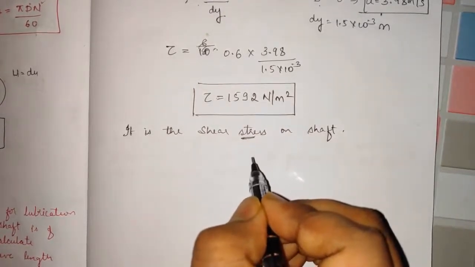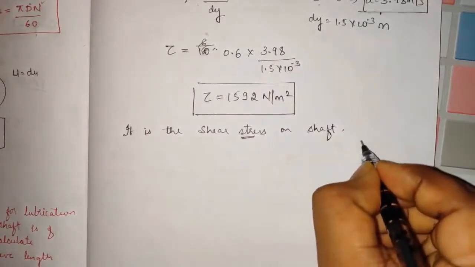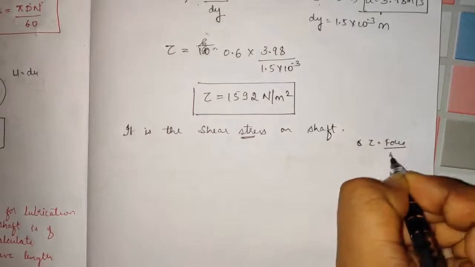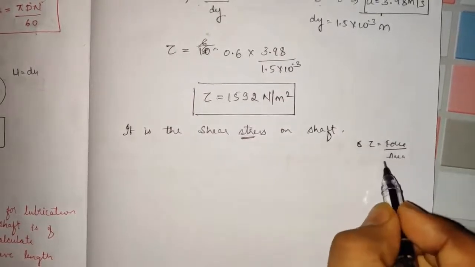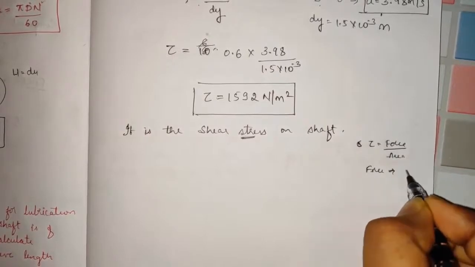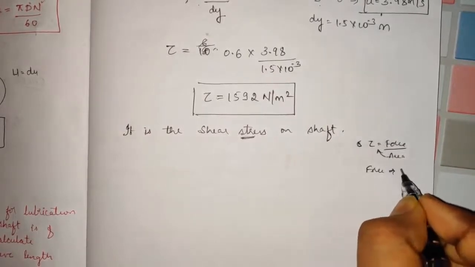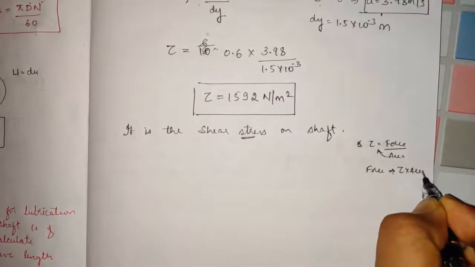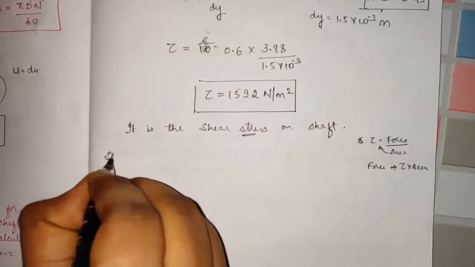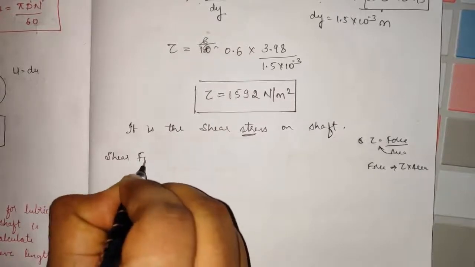Now we need to find what is stress? This tau, force by area. Now what we want? I need force. What I do? I'll send this area to that side, so force is tau into area. Now what I want? Shear force.